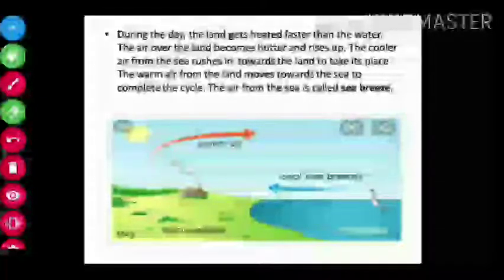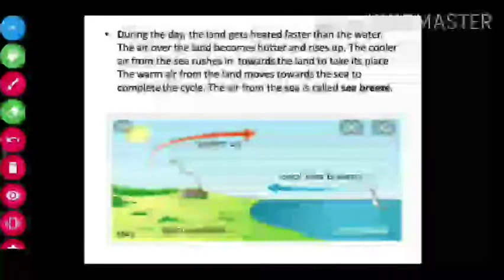So breeze is cooler air or cooler wind. The breeze does not have very much speed, so it will flow at less speed and it is cool. That wind is known as breeze.